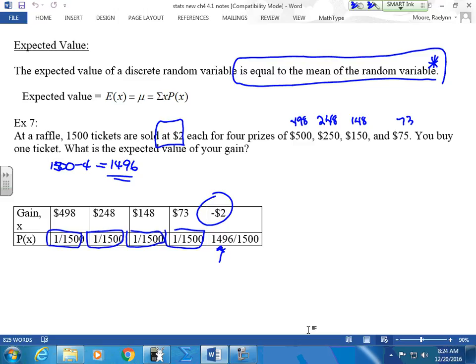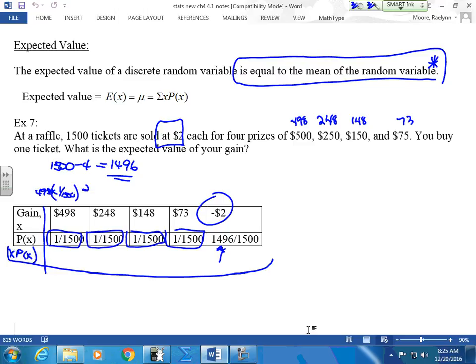So what they want us to do now is they don't have another line here, but they do this. They do the x times the p of x. Isn't this how we found our mean? X times the p of x? And then we added all those up to find the mean? So this is how expected value works, the same way. I multiply this, 498, times 1 over 1,500.